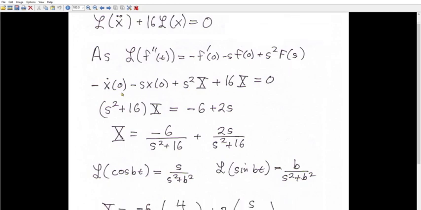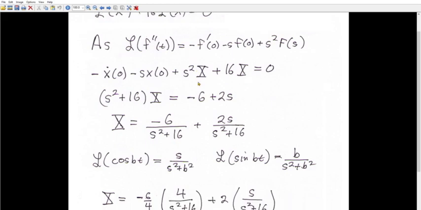We write that out with x's where you see f's, and we end up with minus x dot of 0 minus s x of 0 plus s squared cap X, which is this piece, and the 16 cap X is this piece.